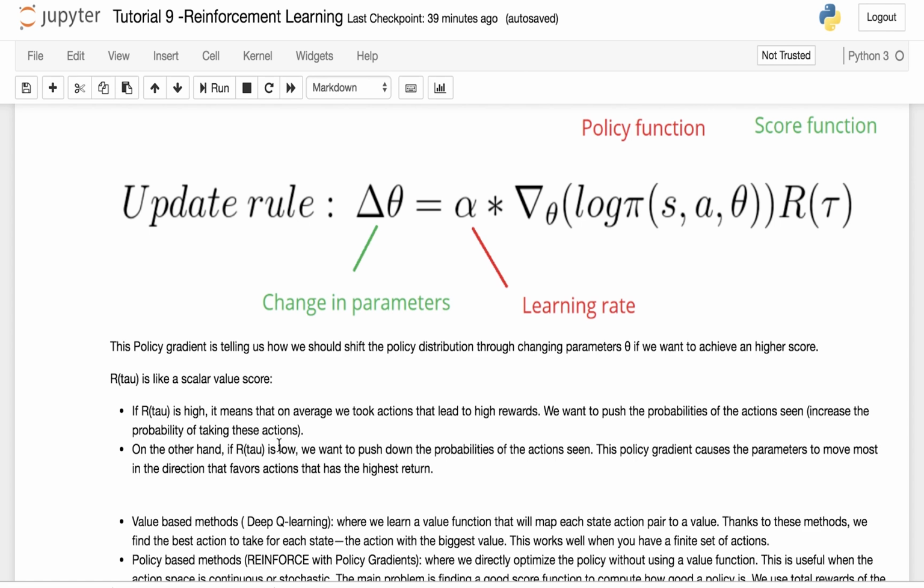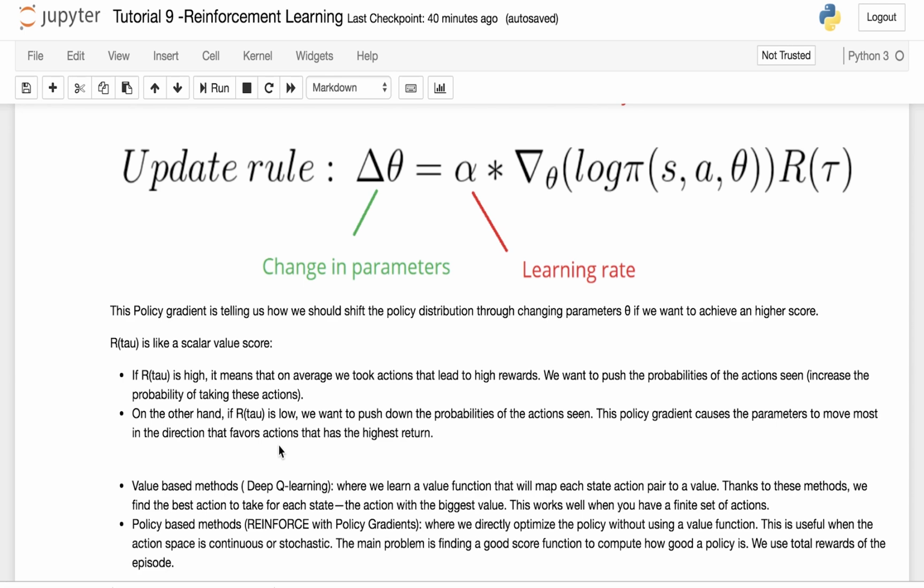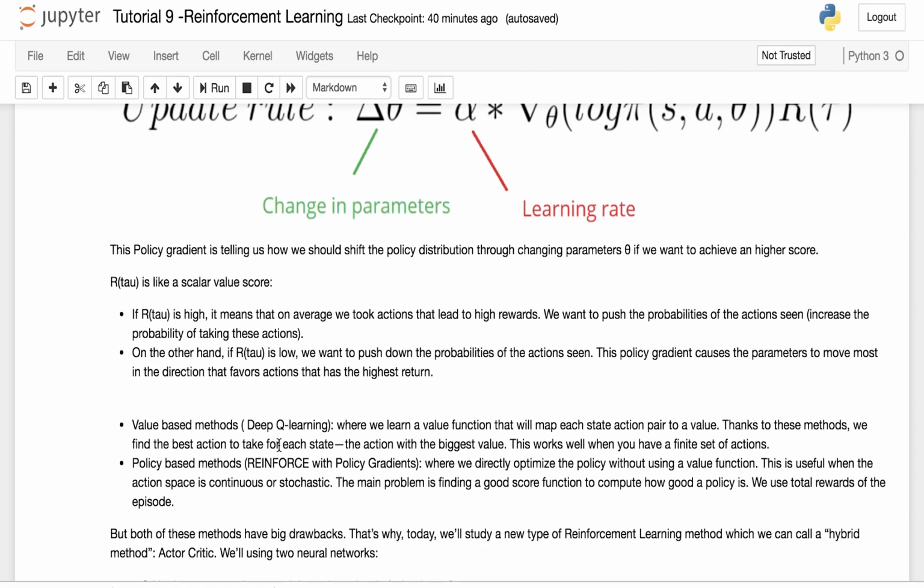On the other hand, if the score is low, we want to push the probabilities down. So the policy gradient causes the parameters to move most in the direction that favors actions that have the highest return. Great.